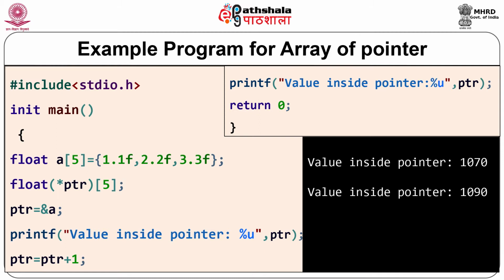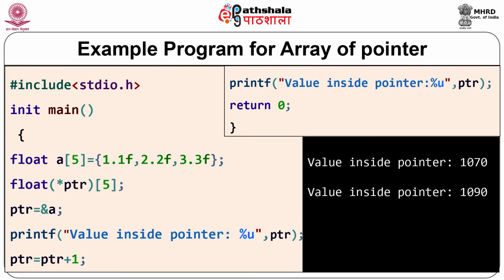In this program, you will find different statements like #include <stdio.h>, that is the header file, then int main(), float A[5] = {1.1f, 2.2f, 3.3f, ...}. So these are the elements of array A. So your array A size is 5 and the type of array is float and elements are 1.1, 2.2, 3.3 and so on.